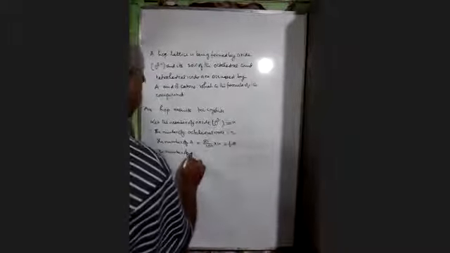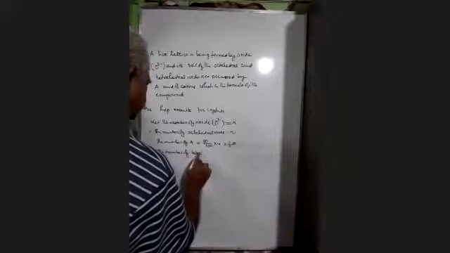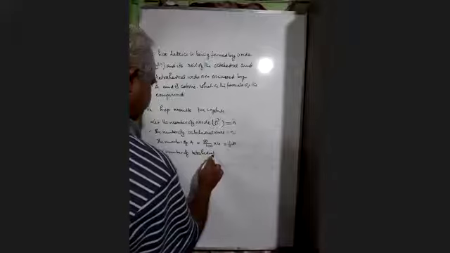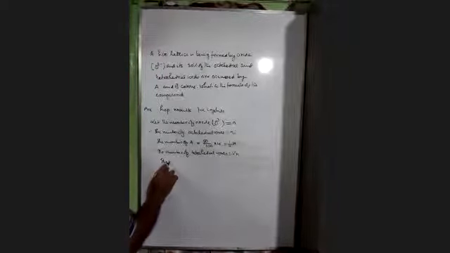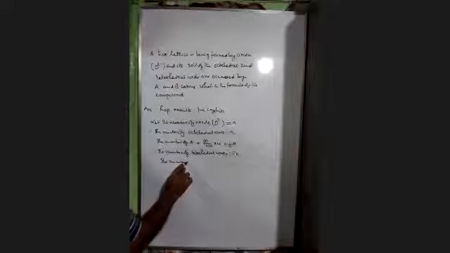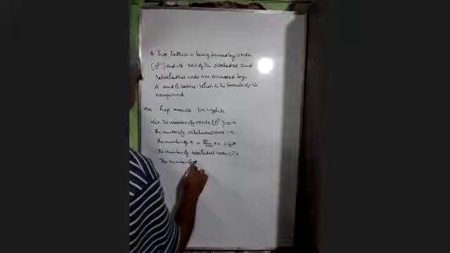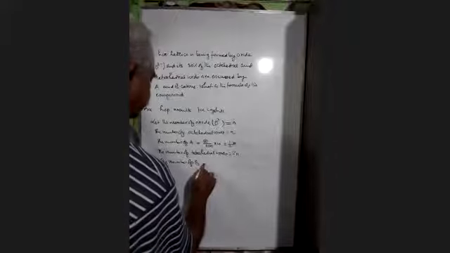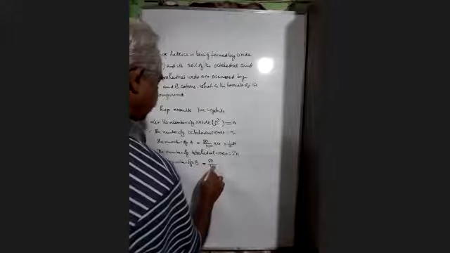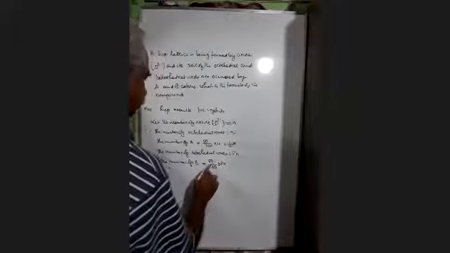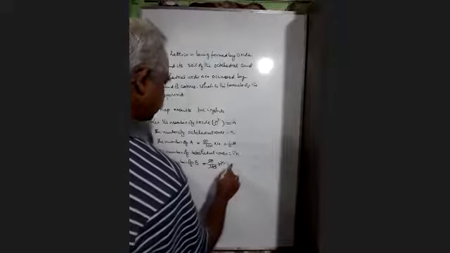Number of tetrahedral voids is 2N. The number of B is equal to what? Again, this is also equal to 50 by 100 times 2N, so it is equal to N. Okay, now see here.